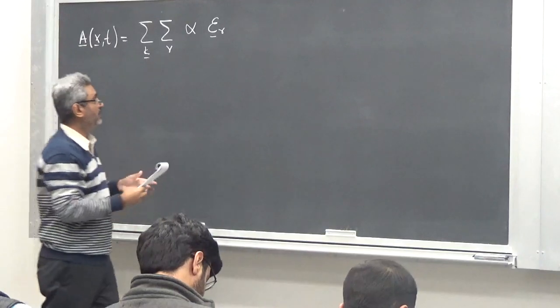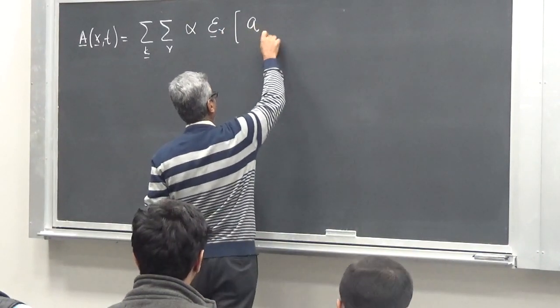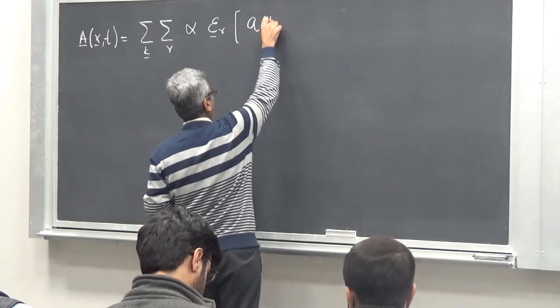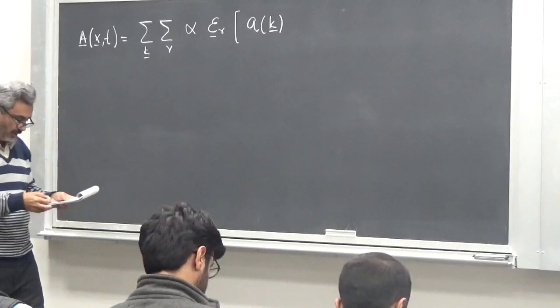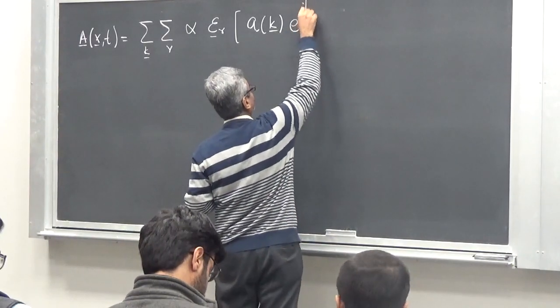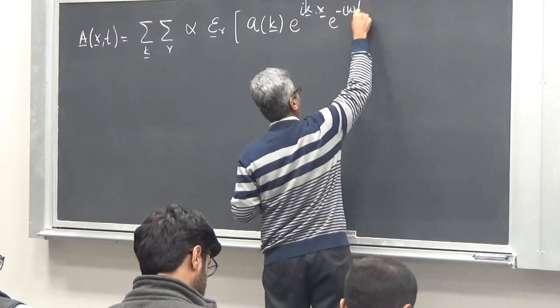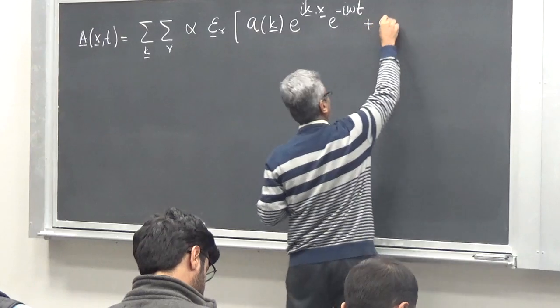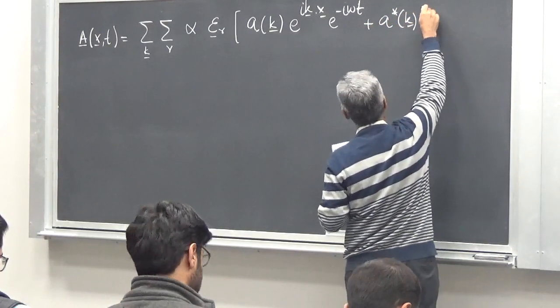This is a vector that gives you two polarizations. And you have this coefficient of this particular mode, e to the minus i k x, and then you add the complex conjugate to make all of this real.